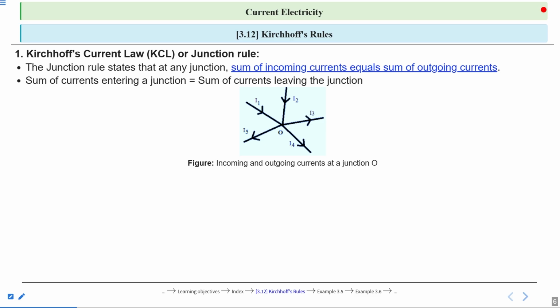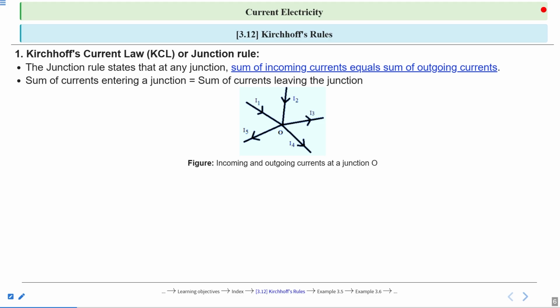The currents that are coming towards the junction, like I1 and I2, are incoming currents or currents entering a junction. The currents that are going away from the junction are known as currents leaving the junction or outgoing currents.